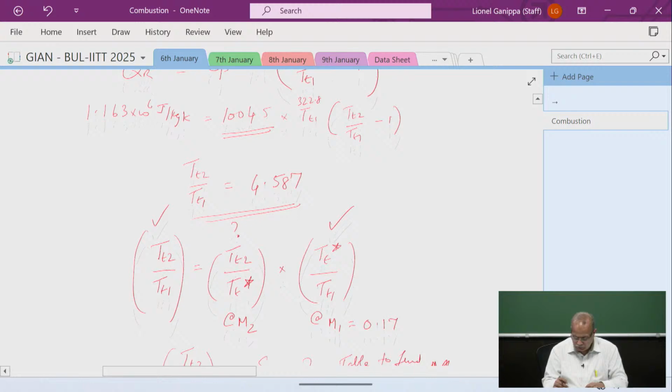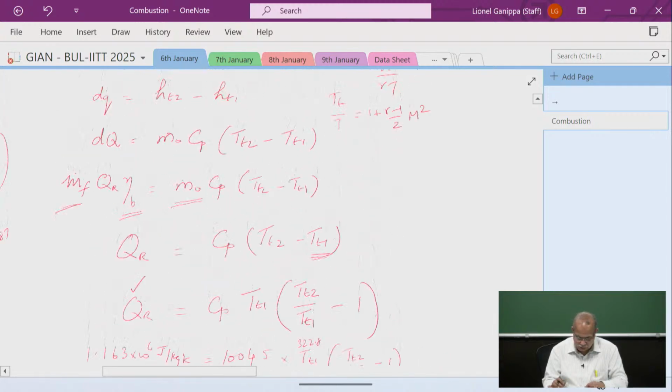So what is the value? 4.587 into 0 point?